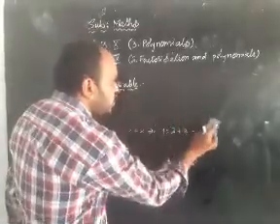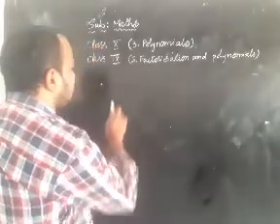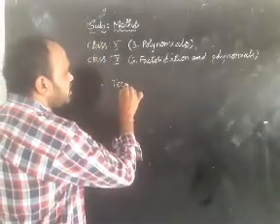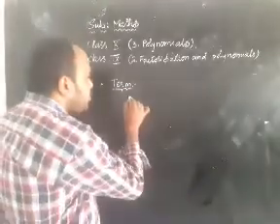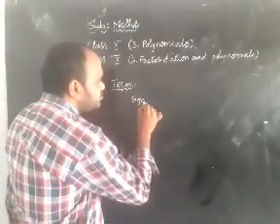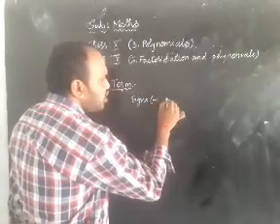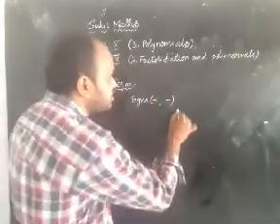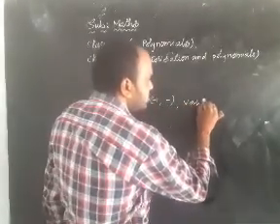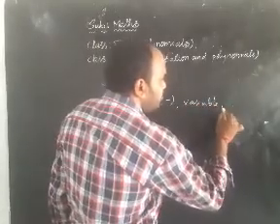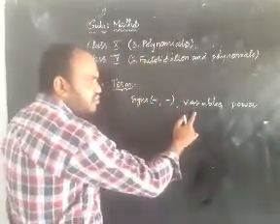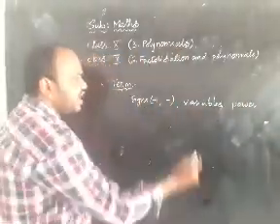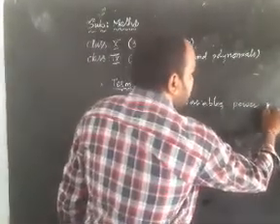Next, we are going to discuss the term. In a term, we use signs like plus or minus. We use variables. We use the power. So it is a group of sign, variables, power, and constant also.